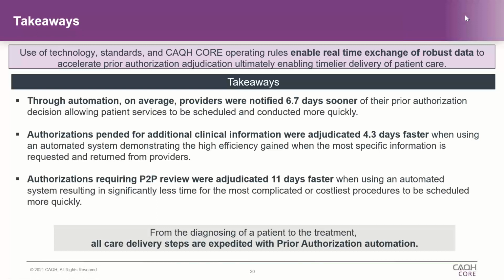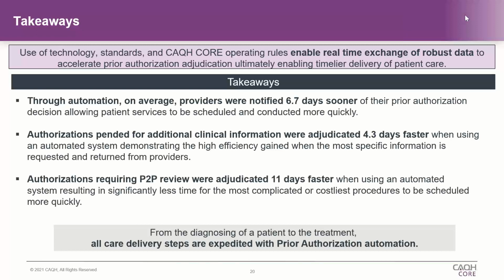As Dan mentioned, from the time a patient appointment is scheduled to a prior authorization being adjudicated, the overall timeframe was reduced by 6.7 days when using the automated process, allowing patient services to be scheduled and conducted more quickly. This greatly reduces the need to reschedule a service because the prior authorization has not yet been authorized or approved. Providers can be confident with scheduling the services, and patients' anxieties can be put at ease.